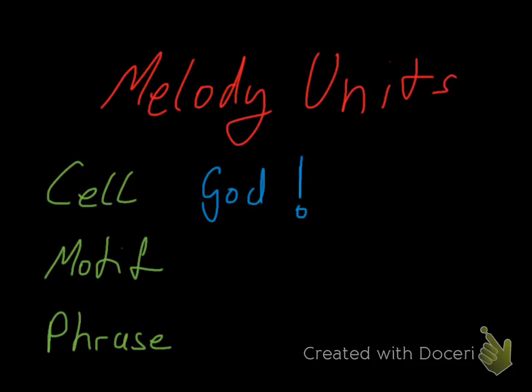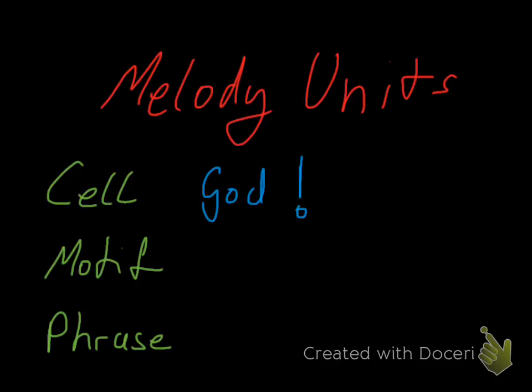So don't get too hung up on defining the cell. But for our purposes, the idea of a song about God would be a cell from which everything originated. I want to have a song that starts with God. The motive, which is the smallest complete idea of melody, and we'll look at the motive in a second a little bit closer.